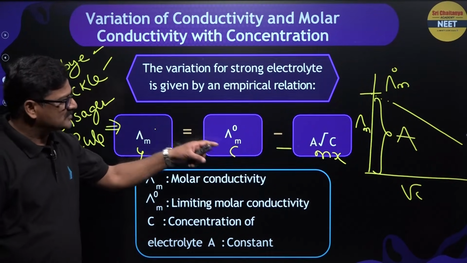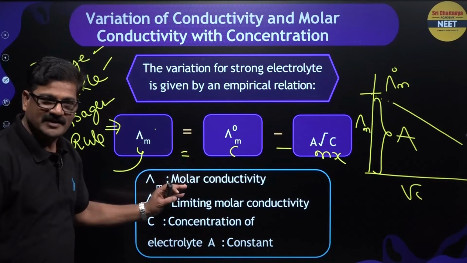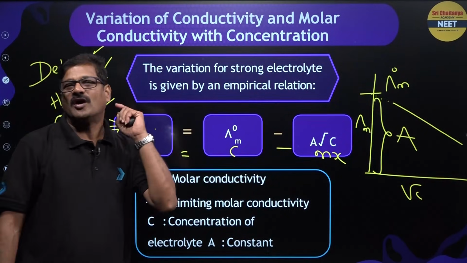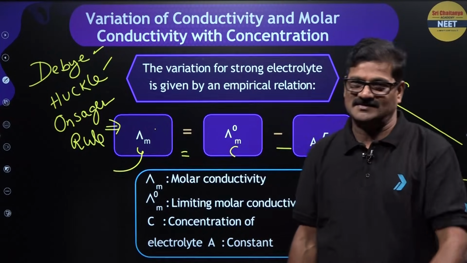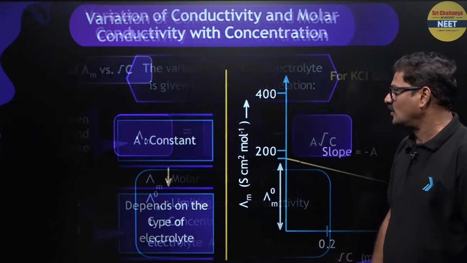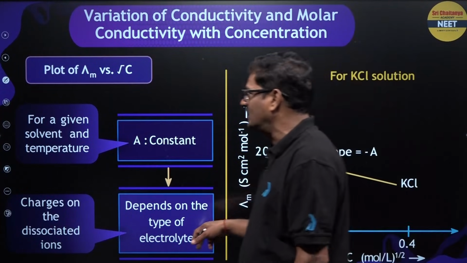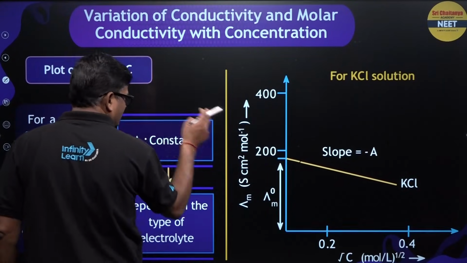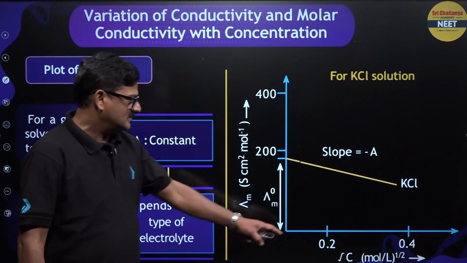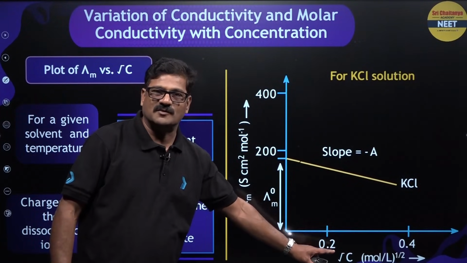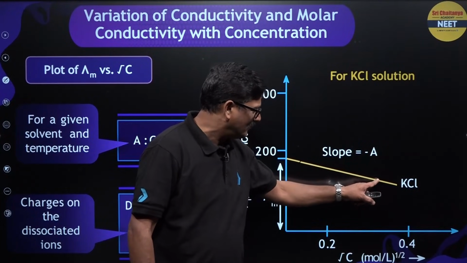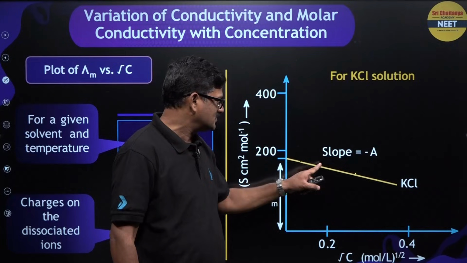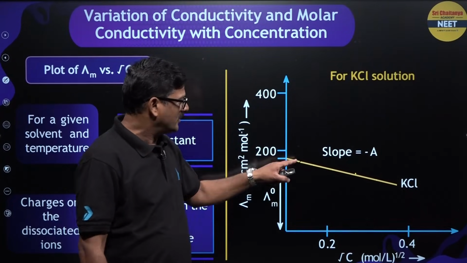And this graph is very important. If you have any doubt, please mention in the comment box or chat box, so that we can reciprocate. It is given in the same way: molar conductance and the root concentration, where C stands for molarity. You have to look at this, from here, from here, from here, the concentration is decreased, and you can extend it.